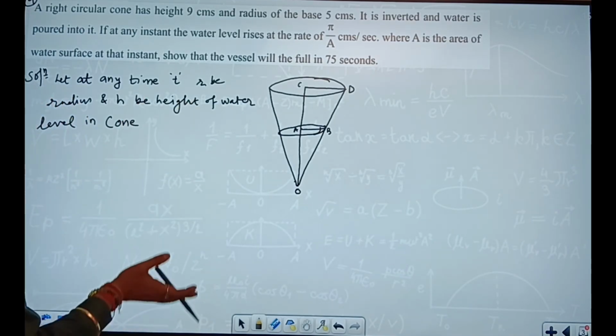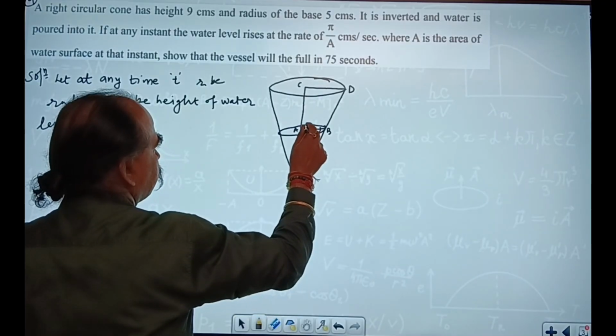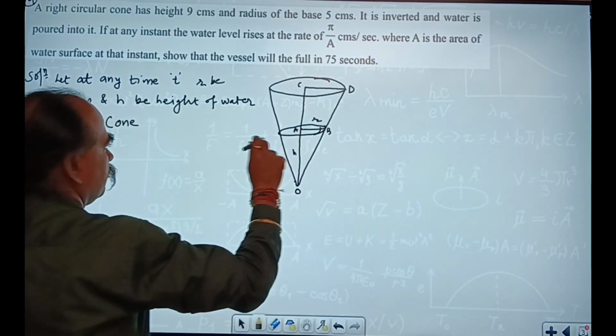Water level rises means height. This is height h and radius of base is r.